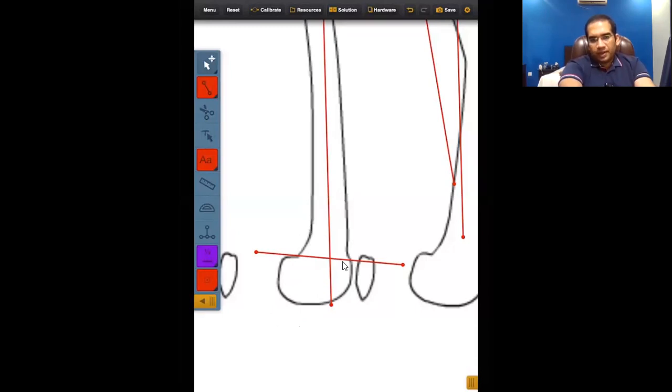So where the anterior 1/3 and the posterior 2/3 meet, these two points give us the point where the anatomical axis, the reference mid diaphyseal line, should meet the joint orientation line of our distal femur.